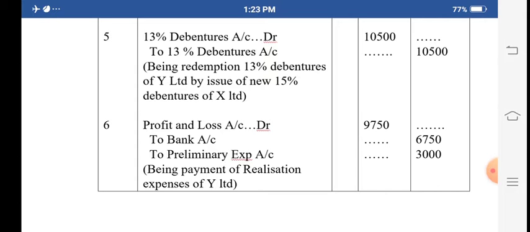Now how to pass this: profit and loss account debit 9,750, to bank account 6,750, to preliminary expenses account 3,000. Being payment of realization expenses of Y Limited. This is the incorporating journal entries in the books of the transferee company.